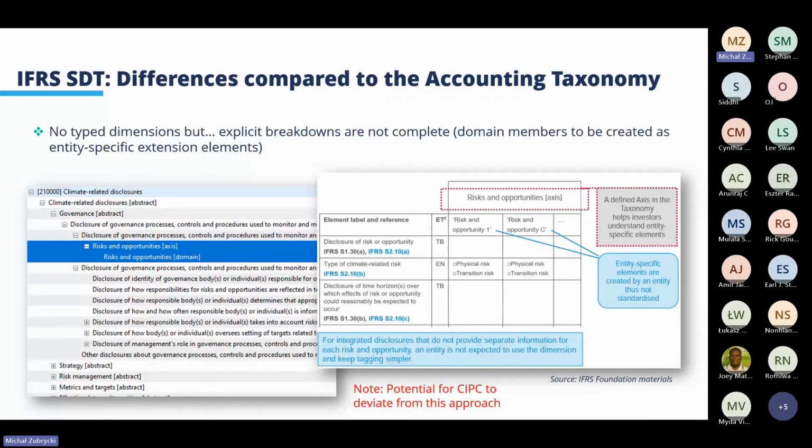But the good thing is that the standard that was followed by the CIPC is actually not the raw XBRL, but inline XBRL, which allows us to have a human readable version of that report, which is at the same time machine readable, because inline XBRL will be presented as an XHTML document, which is basically a web page that you can open in any of the modern web browsers, like Google Chrome, for example.